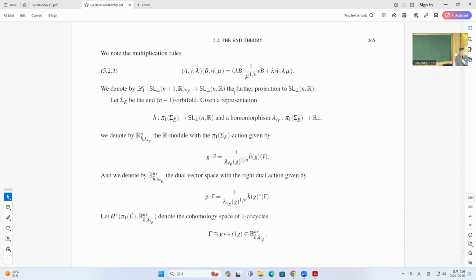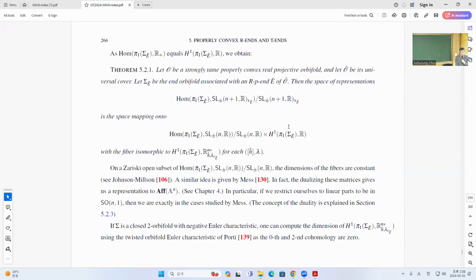And then there are some laws like that, and then you can make an R^n module with this action given by this. The point is that if you have this character variety mapping to this group, then this actually maps onto this space, with the fiber being homology.